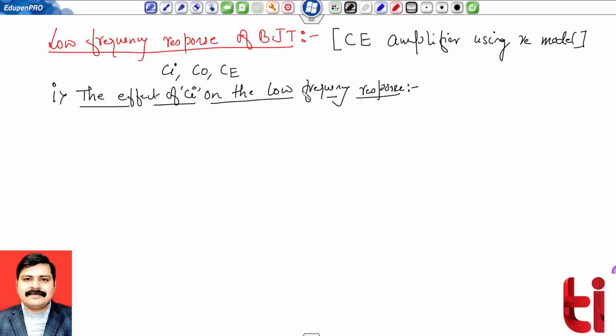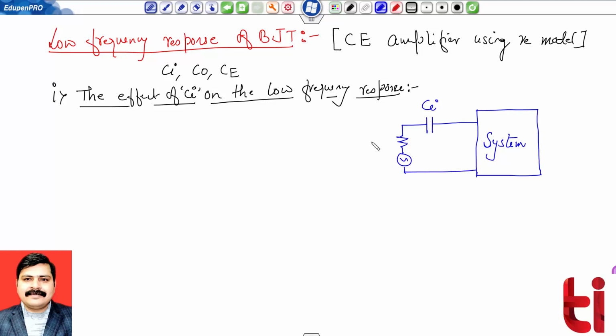So with the inclusion of this Ci, let me draw the input segment over here. Suppose I am representing my entire system in a block, and to this we have connected the input capacitance Ci and the practical source.